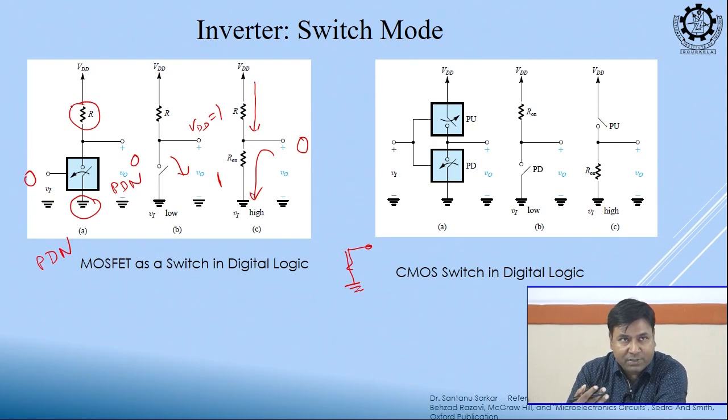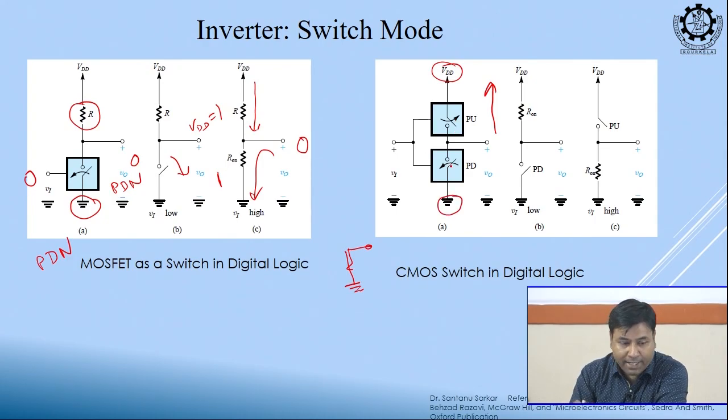Now, suppose this is a resistive load, right, passive load. If I replace this with another MOS, this will be my pull up network, right. It can pull the logic to 1, high, and the lower MOS is my pull down network, it can pull my output to 0, right.